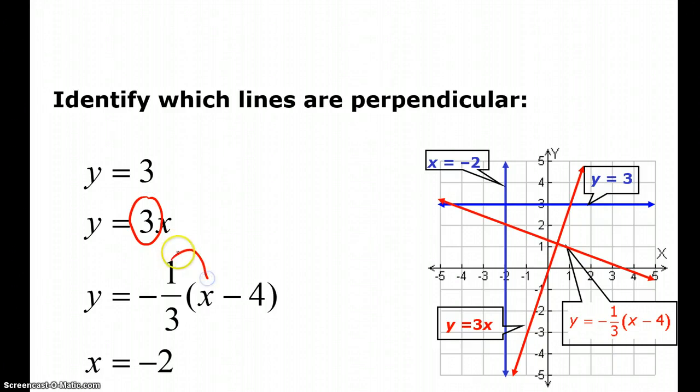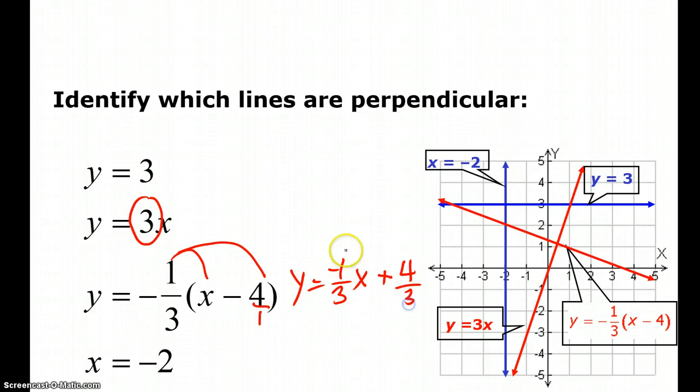We can distribute here, and we'd have y equals negative 1/3 x, straight across the top, straight across the bottom here, we'd have plus 4/3. So here's my slope. And these two are going to be perpendicular because this one's positive, this one's negative. This one's 3 over 1, this one's 1 over 3.